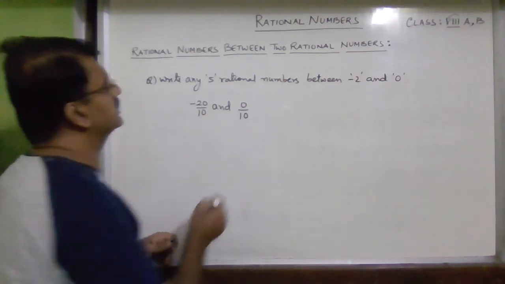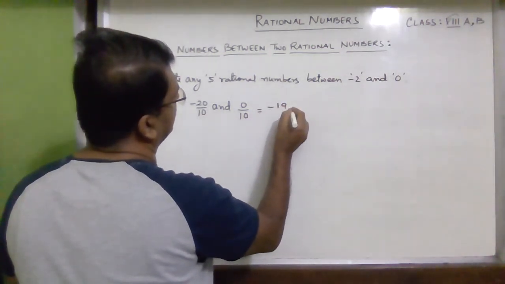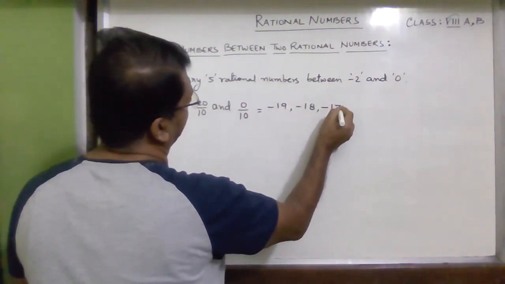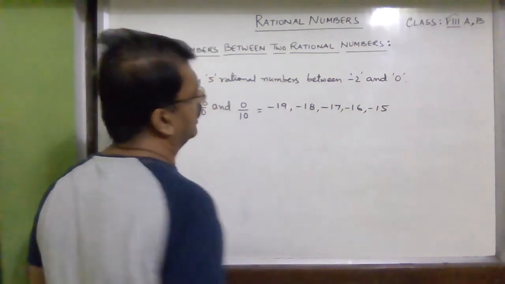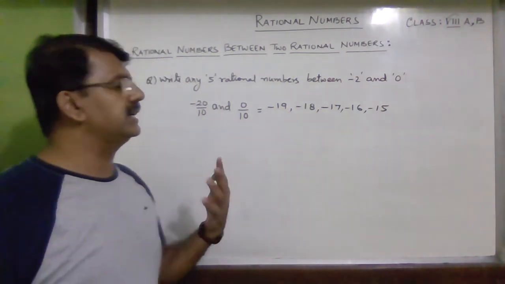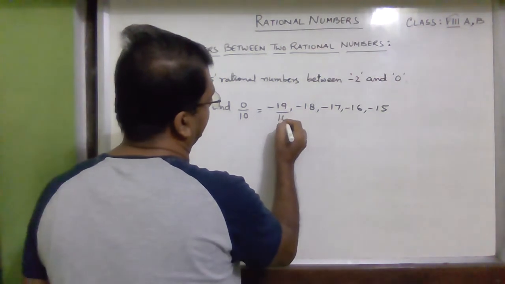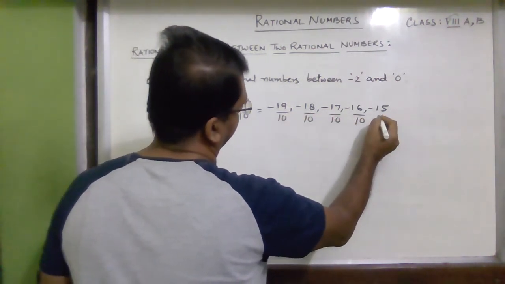So between -20 and 0 we can write -19, -18, -17, -16, -15. We can write more numbers also, but it's not needed because they are saying you have to write only 5 numbers. And now in the denominator you will write 10, here 10, 10, 10 and 10.